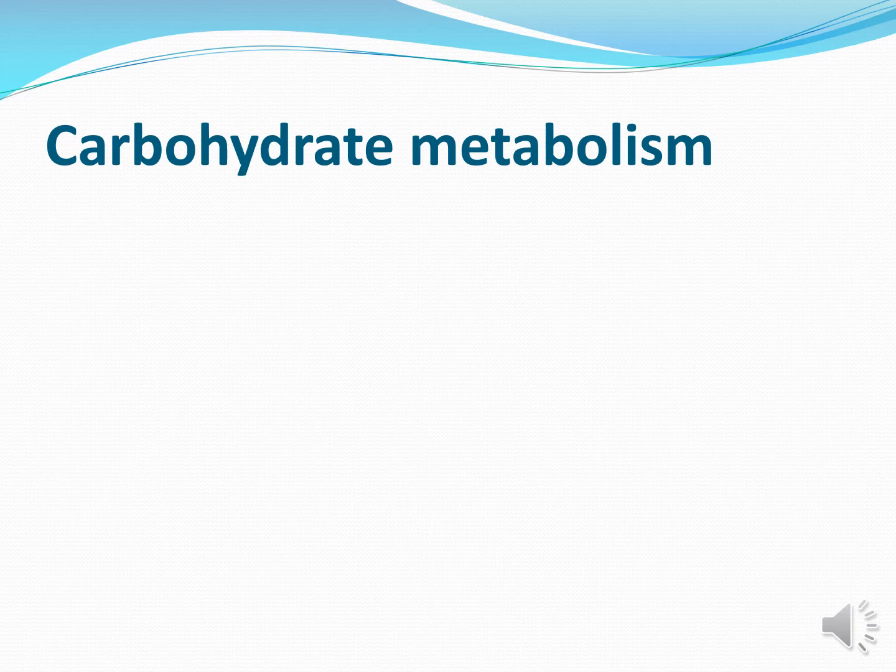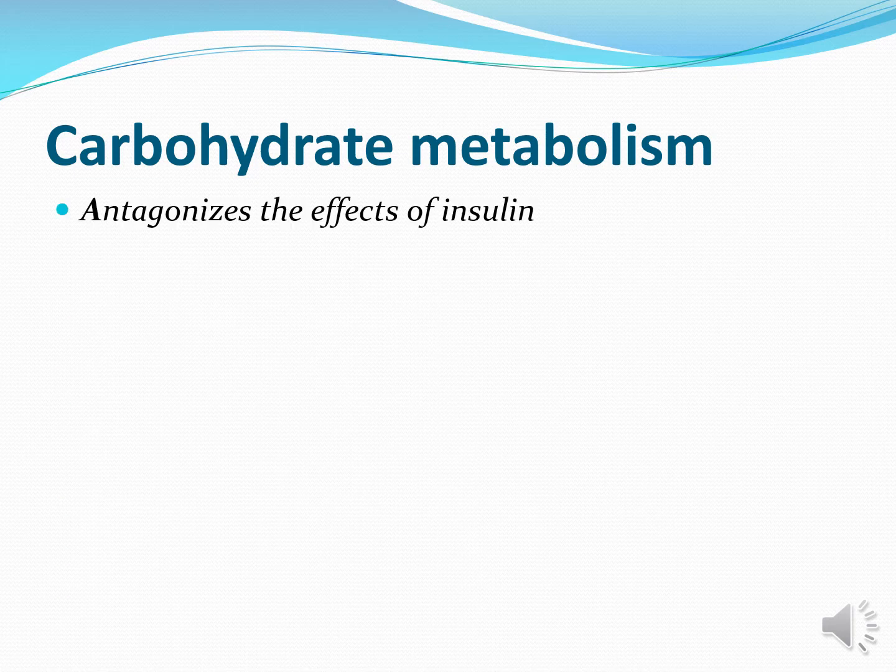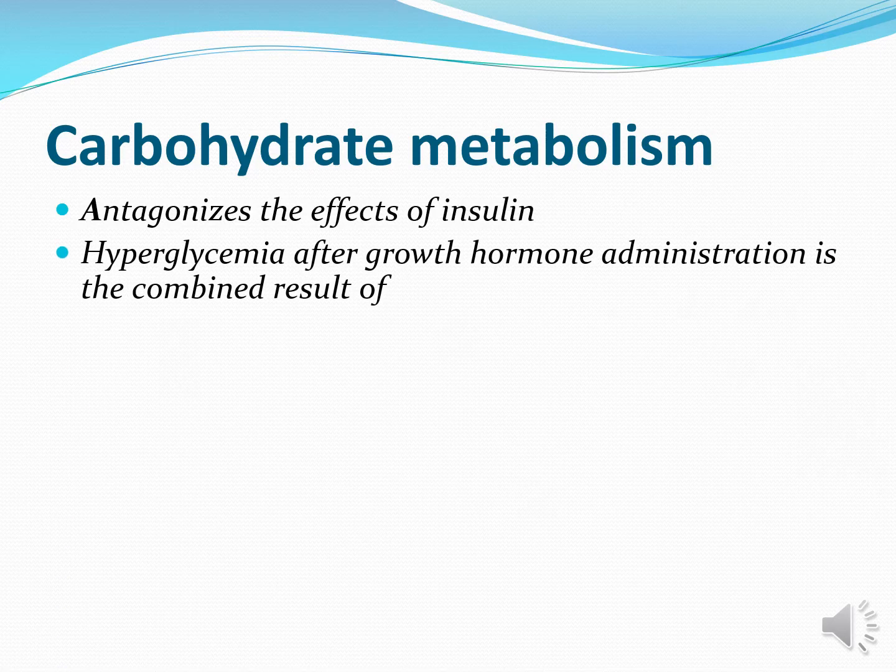The effects of growth hormone on carbohydrate metabolism. Growth hormone generally antagonizes the effect of insulin. Hyperglycemia after growth hormone administration is the combined result of decreased peripheral utilization of glucose and increased hepatic production via gluconeogenesis.